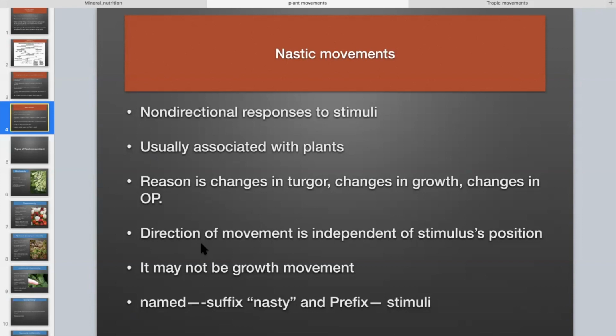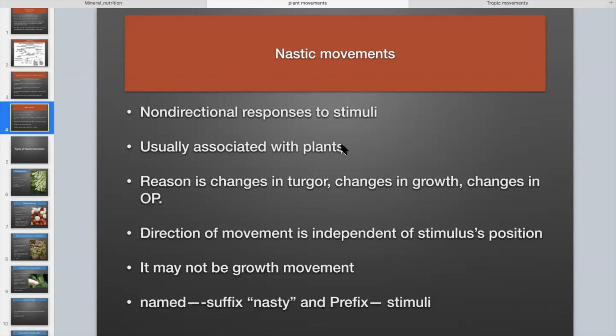Always the nastic movements are named in a particular way. There is a suffix attached at the end of the word, and at the beginning of the word the stimulus name is attached.